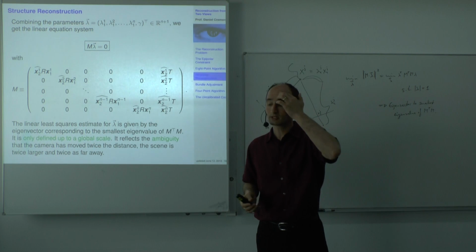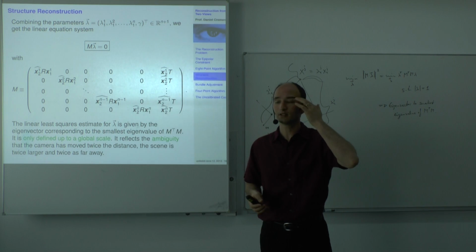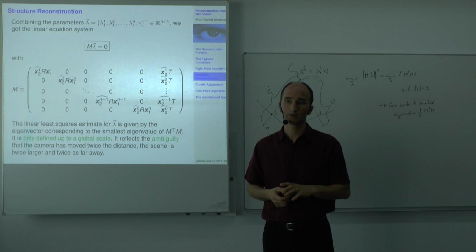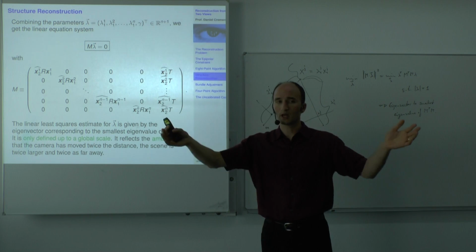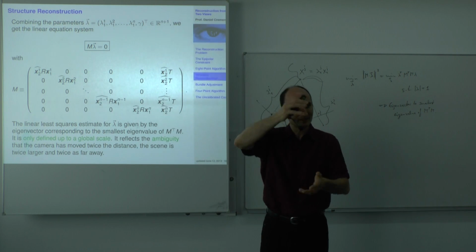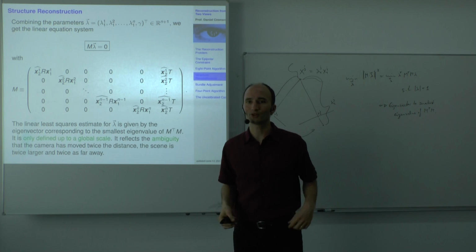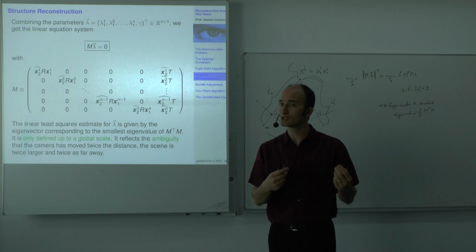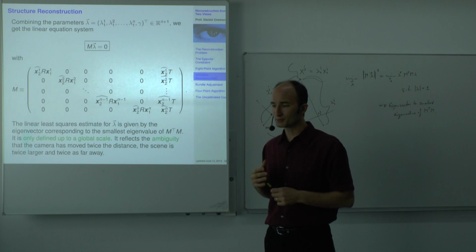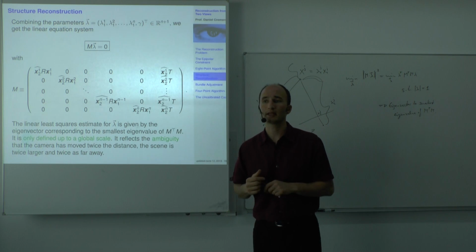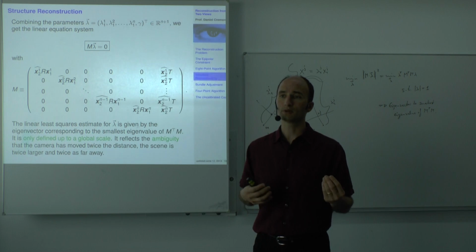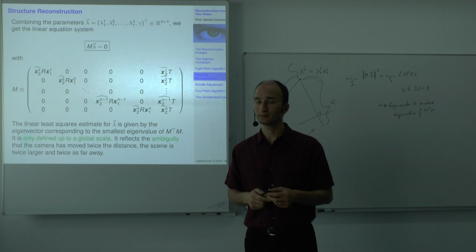Ultimately the question of what scale you choose for the reconstruction is really up to you. Usually you would say, well, how big is my screen? And then choose the reconstruction size in a way that it fits your computer screen if you want to visualize it. But as I said, from just images, we'll never get the scale of things. We have to have some additional measurement if we want to have absolute scale reconstructions.